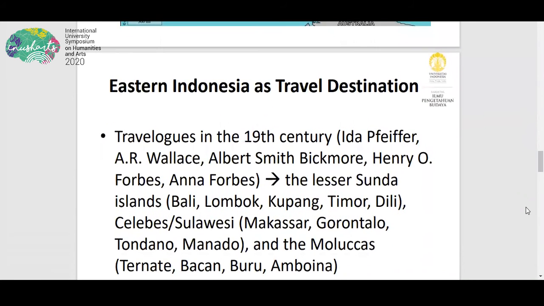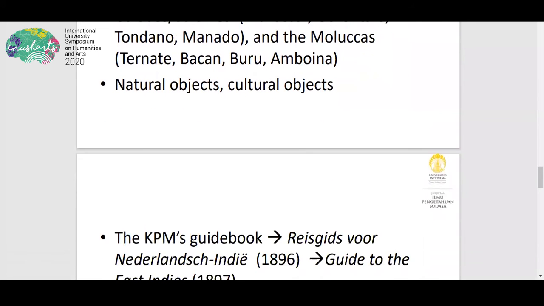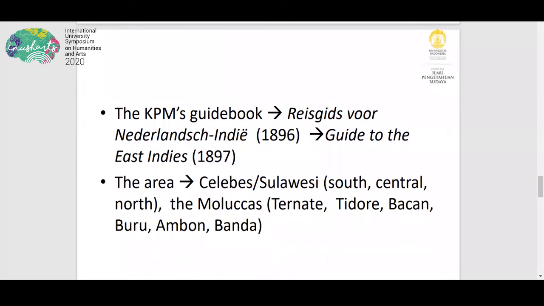And the areas of Eastern Indonesia visited by travelers of the 19th century were the Lesser Sunda Islands, such as Bali, Lombok, Kupang, Timor, and Dili, the Celebes or Sulawesi, such as Makassar, Gorontalo, Tondano, and Manado, and the Moluccas, such as Ternate, Bacan, Buru, and Amboina. This area belonged to the Dutch government and was almost totally occupied.